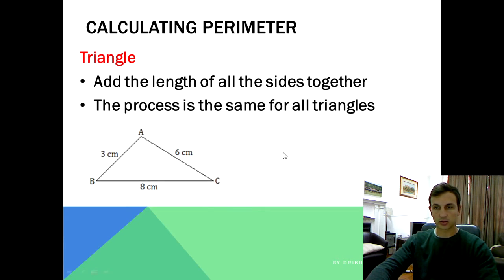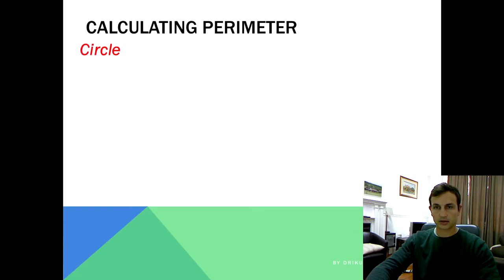In other words, all the sides have different lengths. And yeah, like I said, you just add all the sides together. It's very simple for triangles. That's 17 centimeters.